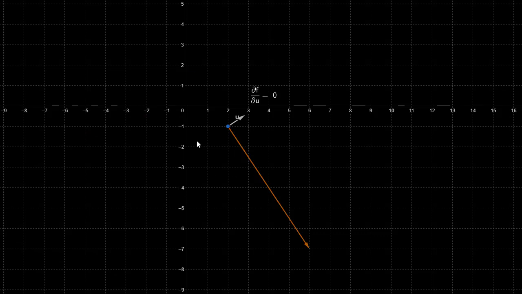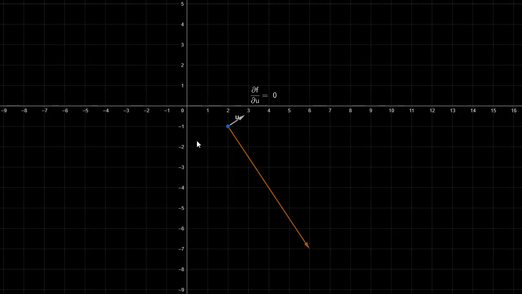So this is essentially how the directional derivative works, and I find this quite a nice result. It's actually kind of fascinating that the directional derivative is just the dot product of the gradient in whatever direction you want.